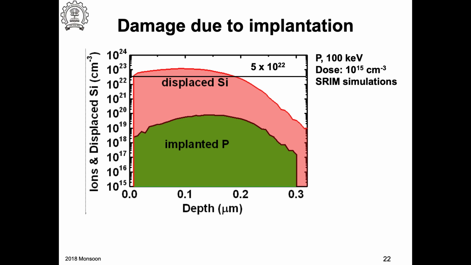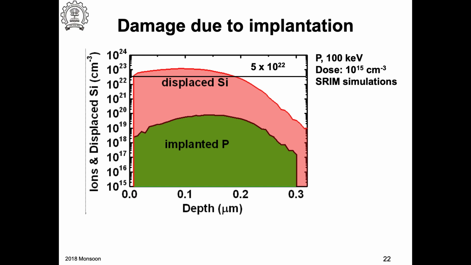So if I implant ions with an energy of 15 keV, let's say, in principle each of these ions can create 1,000 displacements, but you have just implanted one ion. You get the point.